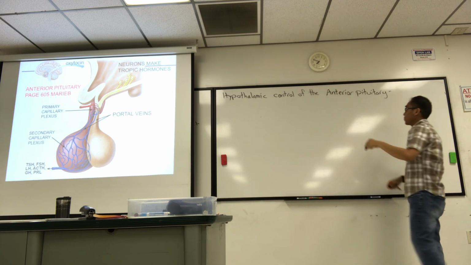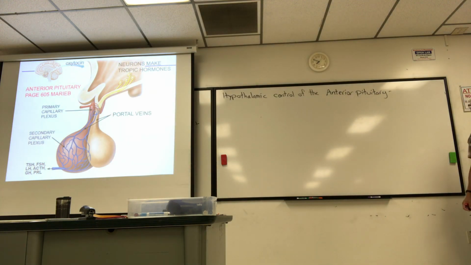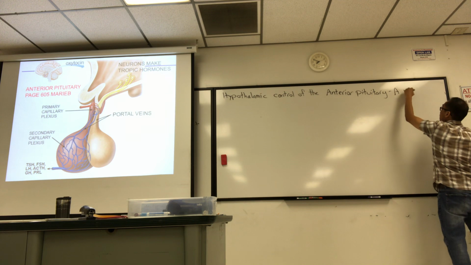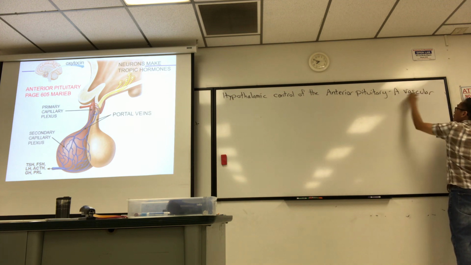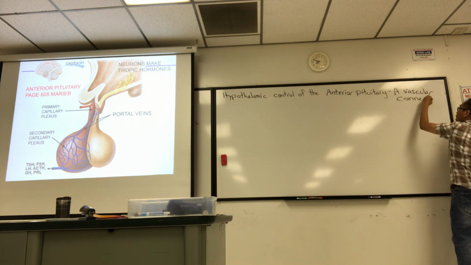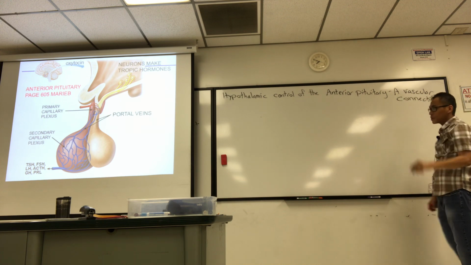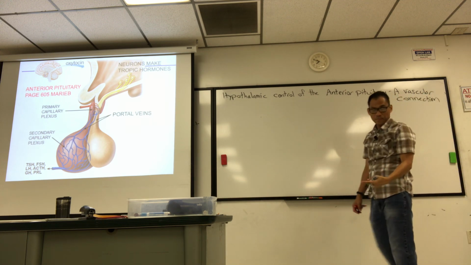So the control of the anterior pituitary is not a neural connection. Well, it's more of a vascular connection. What I mean by that, you're going to have to study what's called this portal system.